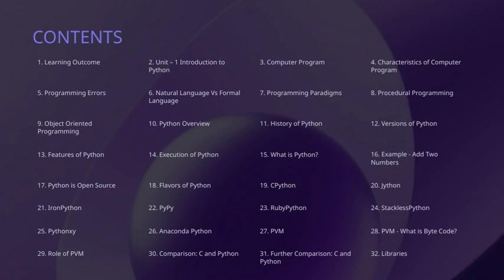Programming errors points to the common mistakes we might encounter, like syntax errors or logical bugs, and how understanding these helps us write better code. Finally, Role of PVM refers to the Python virtual machine, which executes Python code. It's a crucial component because it interprets your scripts into actions that the computer can perform.